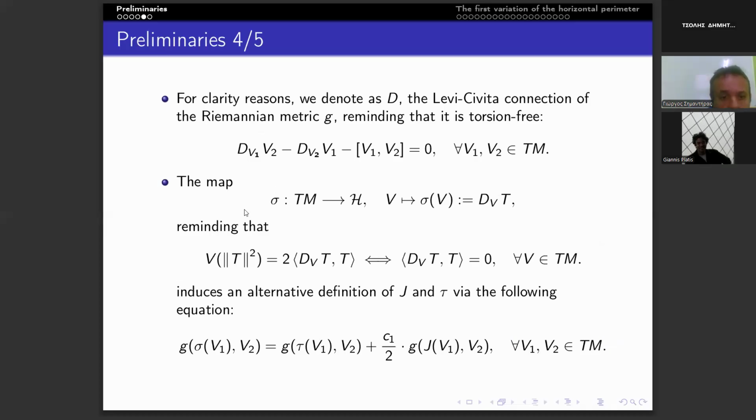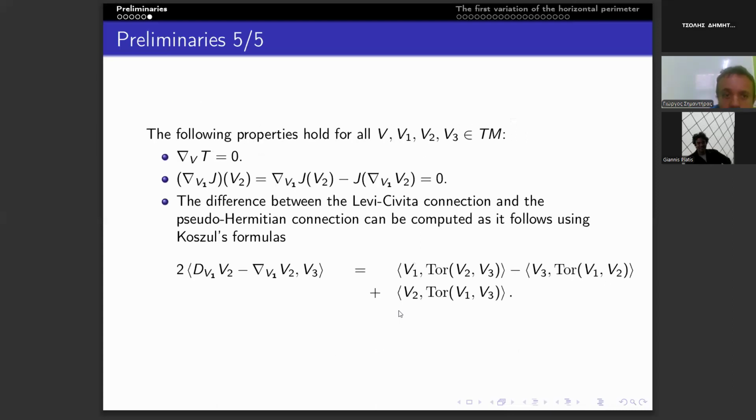We also define this map here, sigma, from the tangent bundle to the horizontal directions to be this D_V T here, and we remind that this lives in the horizontal directions because, from the compatibility with the metric, the product of D_V T with T is 0 for every V. We can have an alternative definition of J and tau via the following equation.